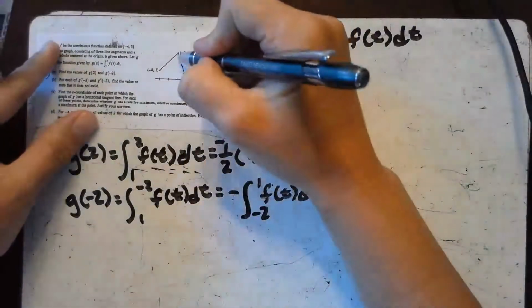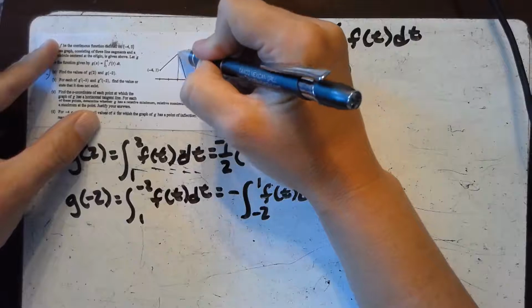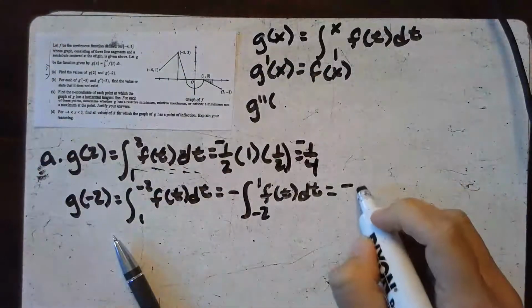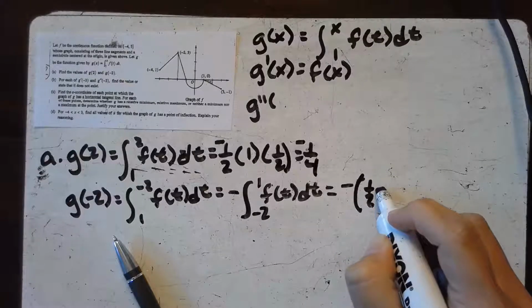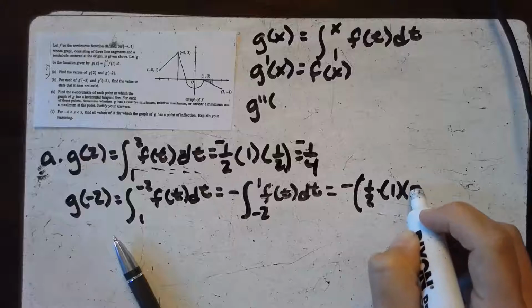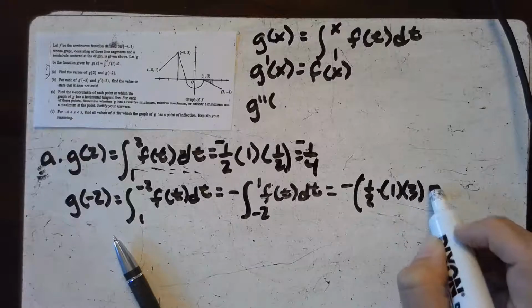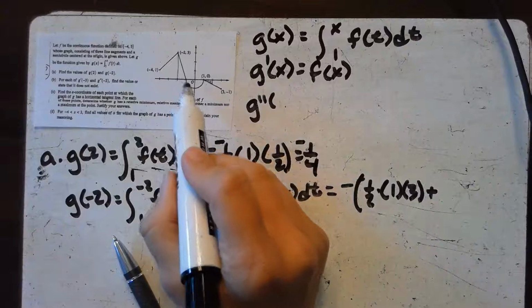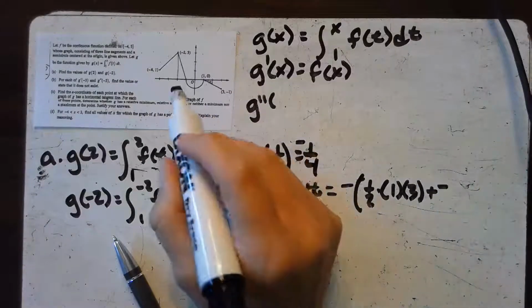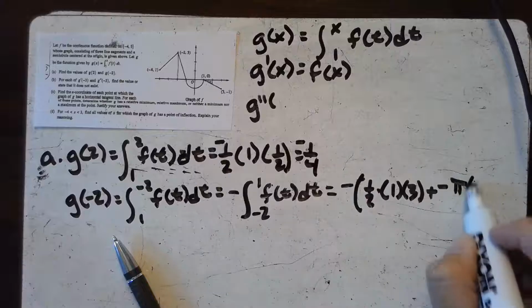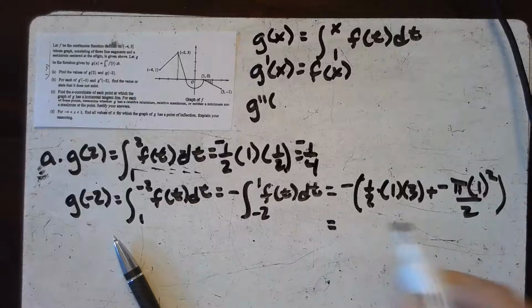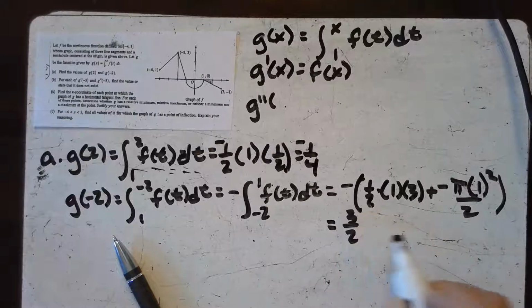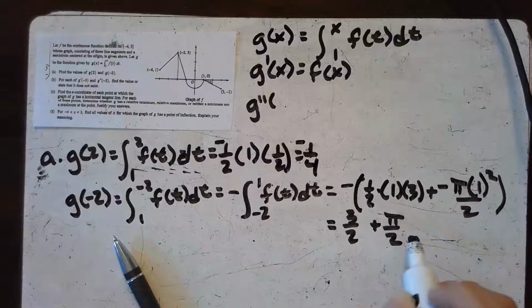Well, notice I have this triangle right here, so it's 1/2 times the base is 1, the height is 3, plus you got to do this semicircle. However, this is below the line, so that's negative. All right, and it's pi, and notice the radius is 1, not 2, divided by 2. All right, so distribute the negative sign. So this is -3/2 plus pi over 2.